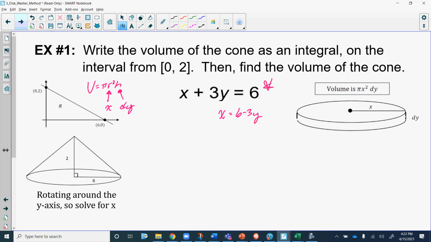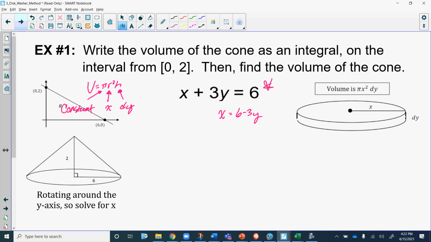So that's going to be helpful for us in setting up the integration problem. Now the pi itself, that's just a constant.